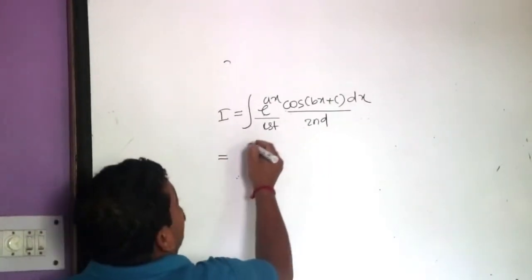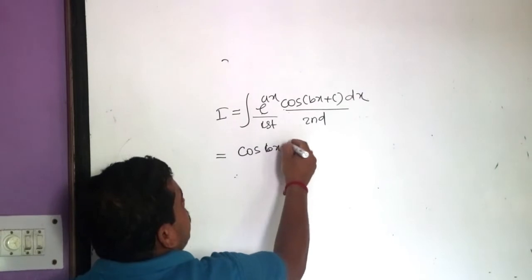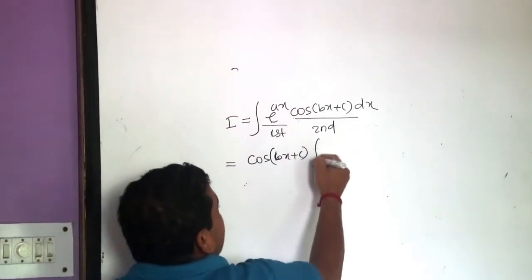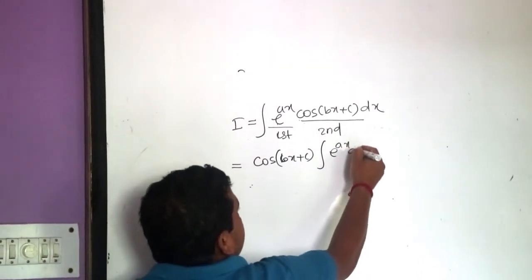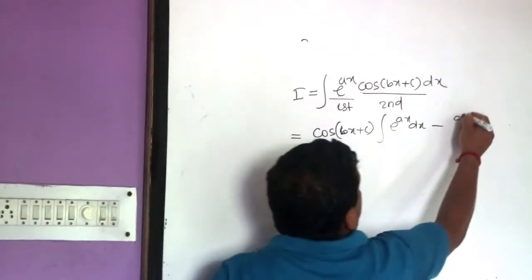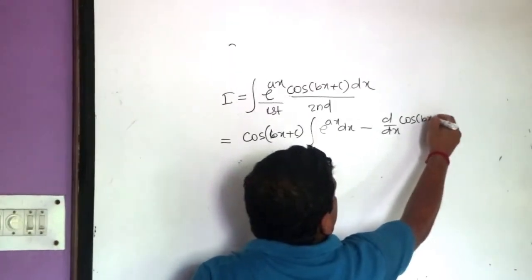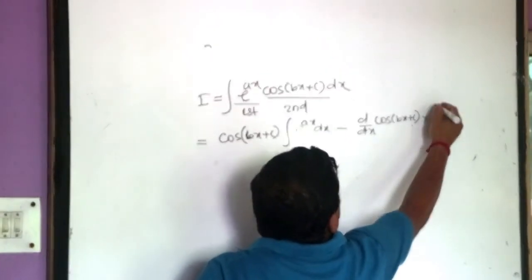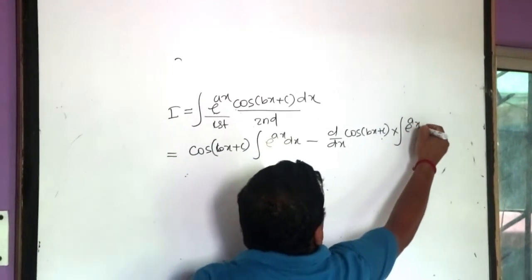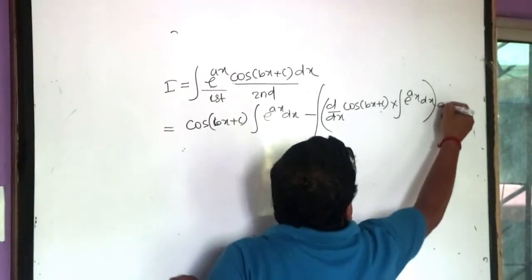Then integrate the first function times cos bx plus c: integrate e to the power ax dx, minus the differentiation of cos bx plus c and the integration of e to the power ax dx. Multiply these two and integrate again. That is the method of by parts.